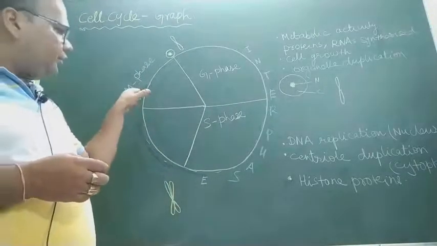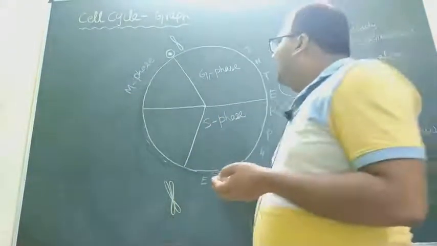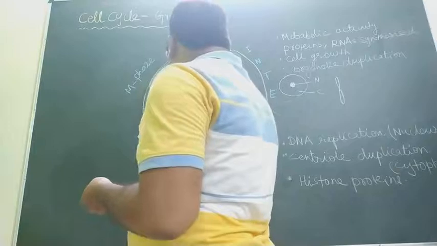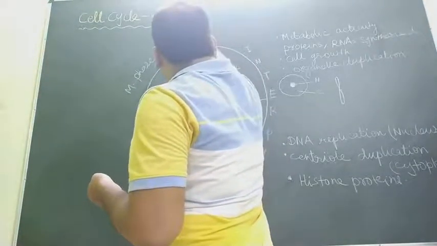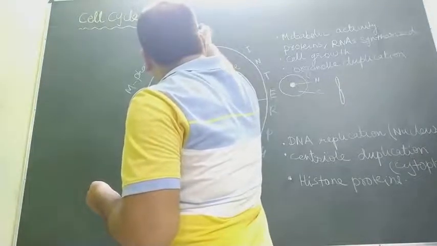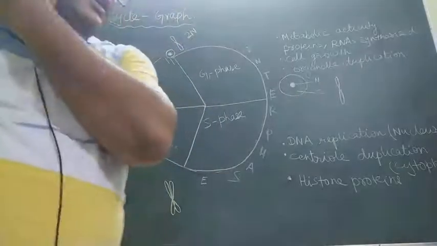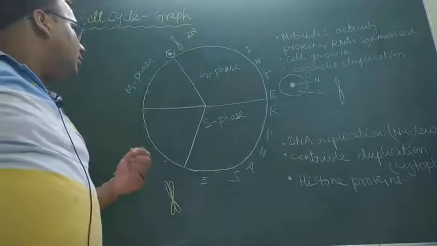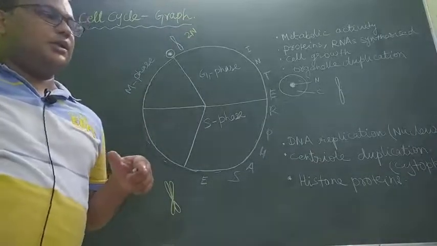If we represent the total set of chromosomes in human beings, it is generally represented as 2N, where N is the haploid set of chromosomes, and in human beings our haploid set is 23 and the total chromosome number is 46.